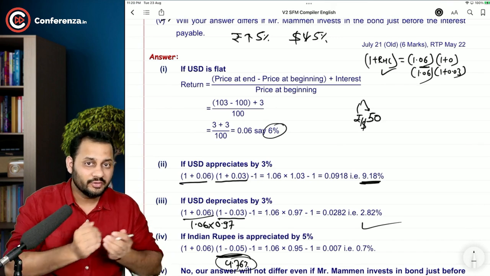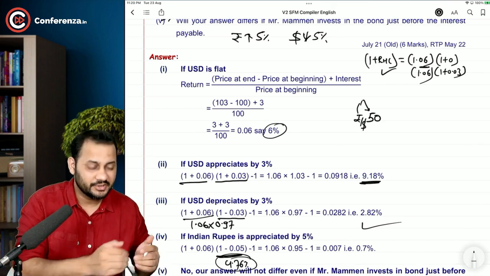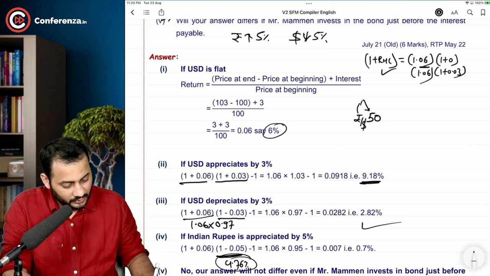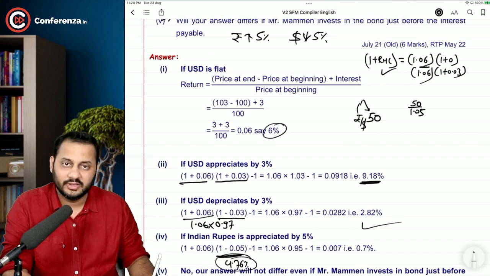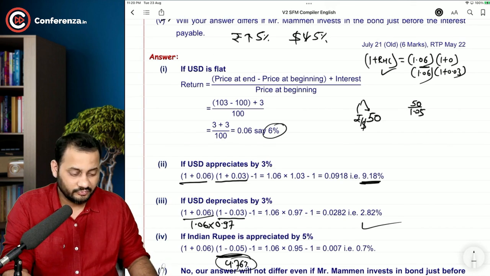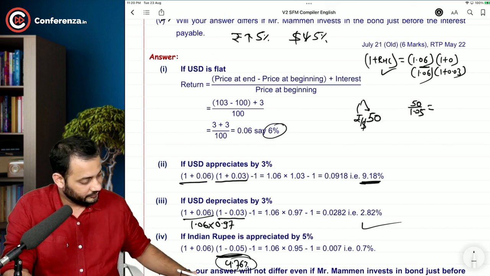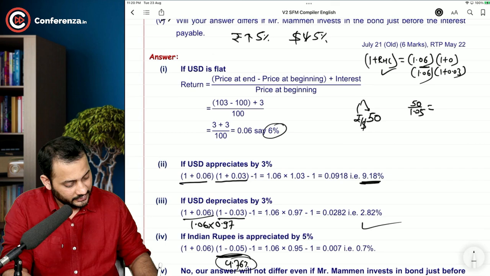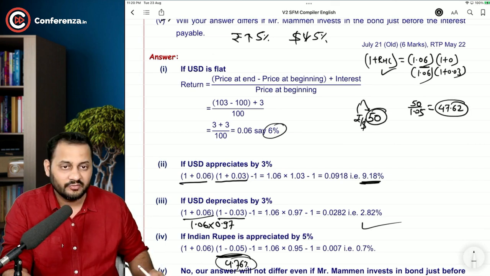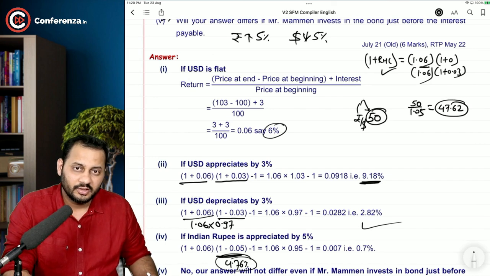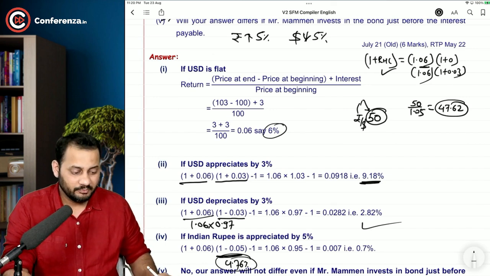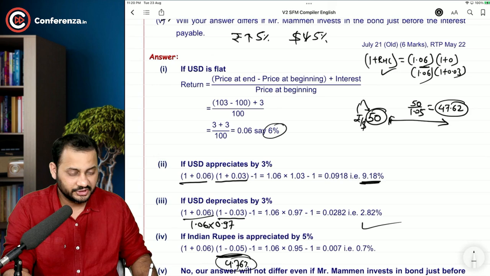You are going to reduce the values because rupee is appreciating. So 50 divided by 1.05 will be the answer, because 5% is the appreciation. 47.62 is the answer. 50 and 47.62. When rupee is appreciating by 5%, this is the change.